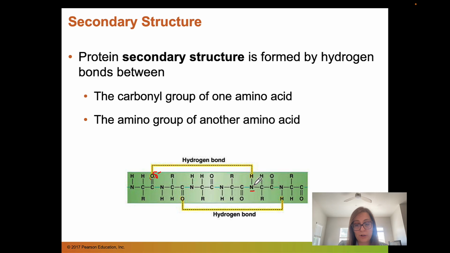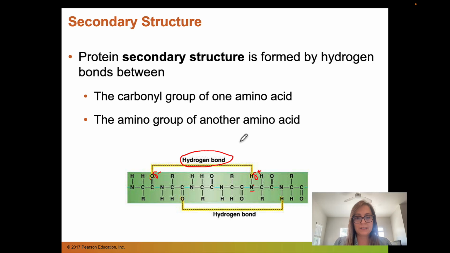And so here we're going to have the electrons spending more time around nitrogen than hydrogen, and this is going to give this hydrogen a partial positive charge, okay? And so because we have a partial negative charge on this oxygen and a partial positive charge on this hydrogen, we can have a hydrogen bond form, okay? Just like in water, except, right, this is in the same molecule now, or the same polymer.